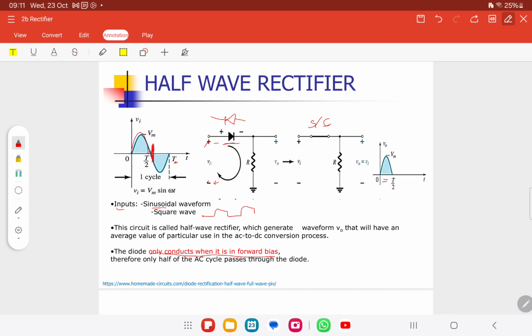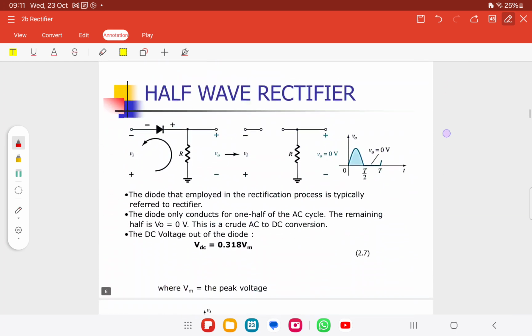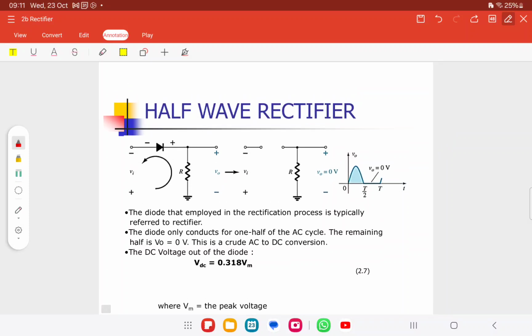If we change the polarity of VI, or the polarity of the diode, it will be for the negative cycle, from T over 2 until T. Okay, and this type of circuit, in which a single rectifier diode is applied with a time varying sinusoidal AC signal input to generate a DC output having a value half of the input, is called the half wave rectifier. Okay, this one is the one that was inverted earlier.